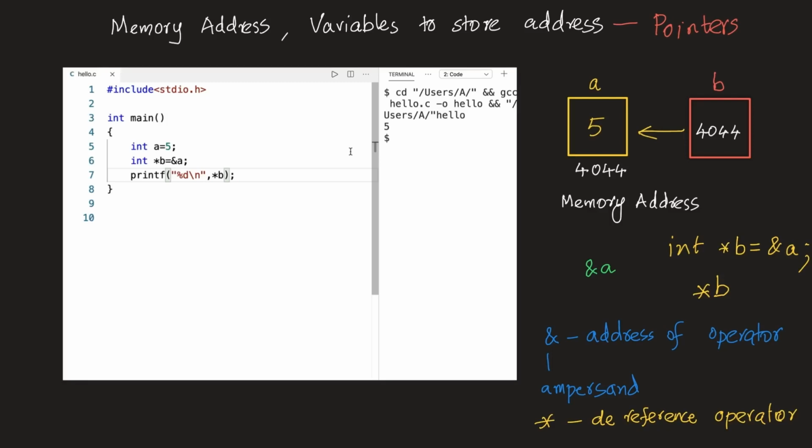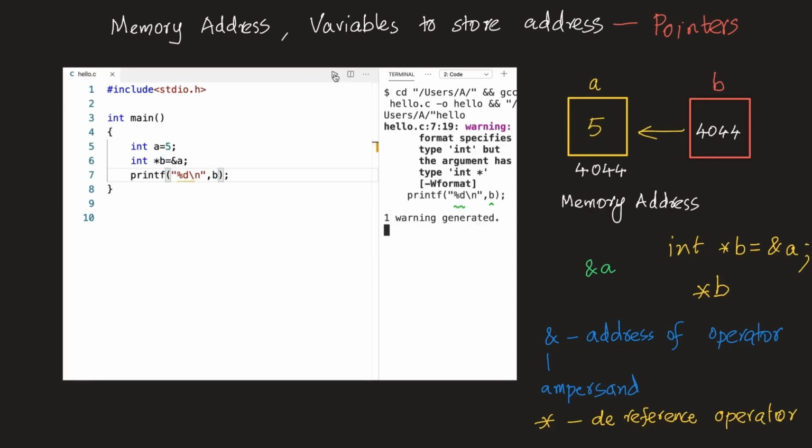Let us also see if we print just b, what it is going to print. So again this has printed the address, but with the warning. We know how to remove the warning, that is by changing the format type from %d to %p.